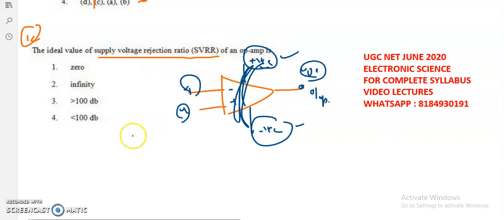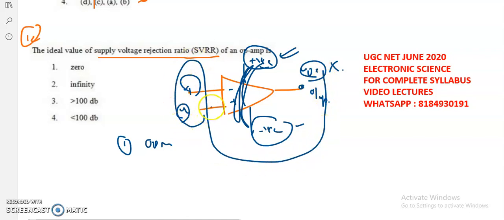That is what the supply voltage rejection ratio is about. In the operational amplifier, if I change the power supply, it affects the output voltage, but that is not the correct way. Even if we change the power supply, the output voltage should not change, because the output voltage has to depend only upon the input voltages.